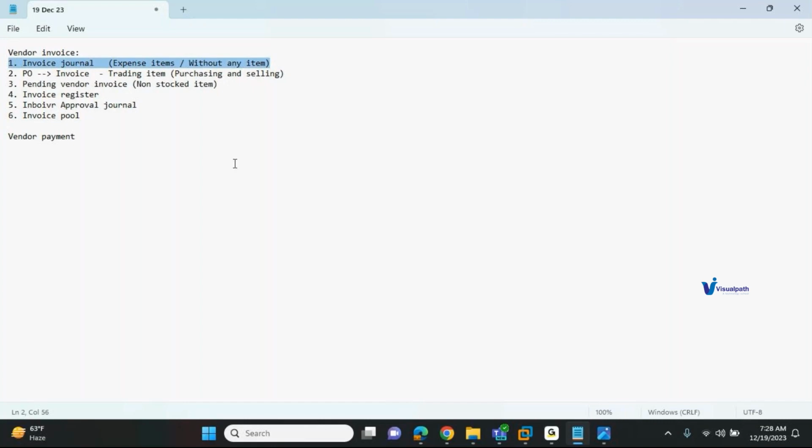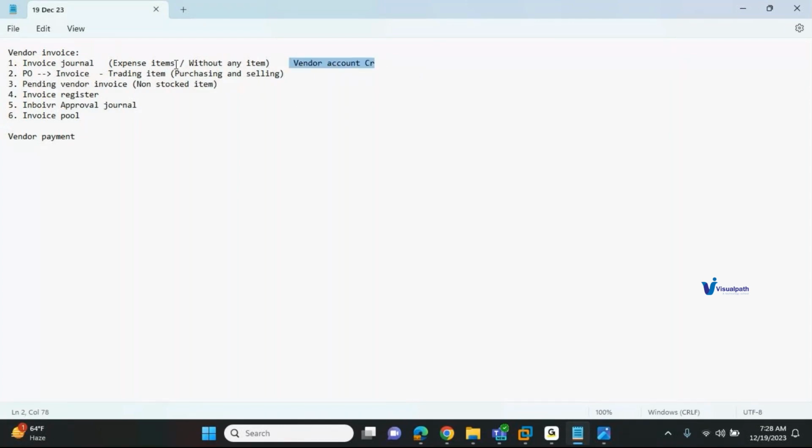I need to arrange these items for my employees. So in this one, the vendor account will be credited, because this is a liability, I need to pay this much.